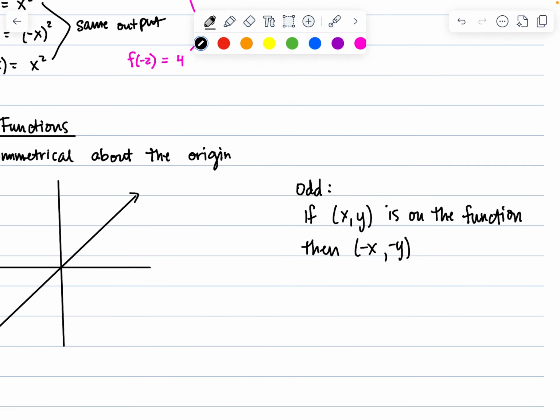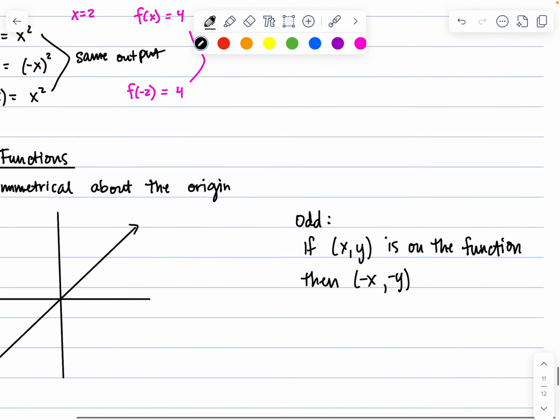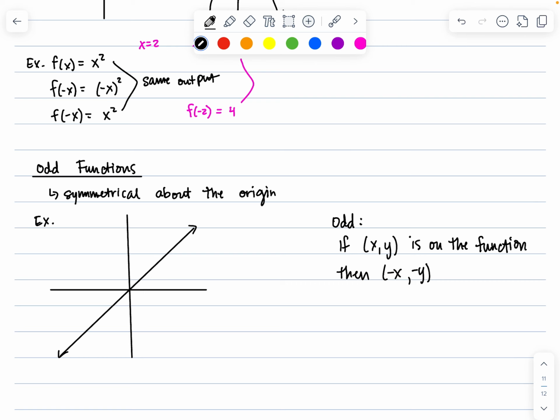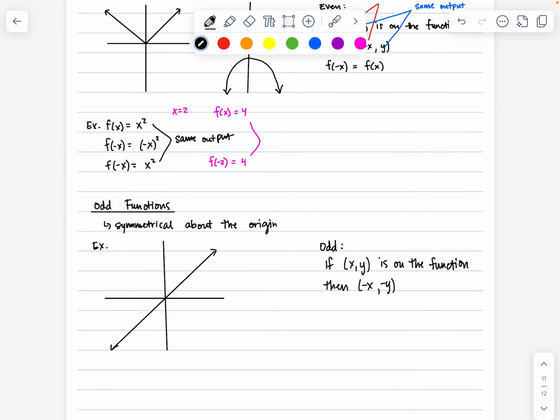That's what makes this odd. In this case, opposite input, opposite output. So we would have f of negative x will output the negative version of the function.